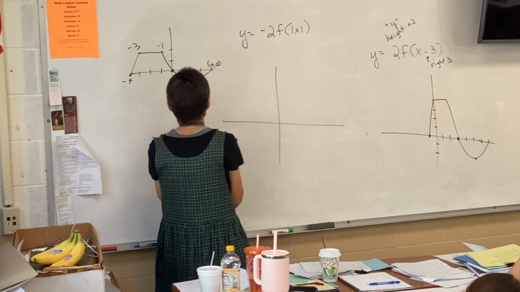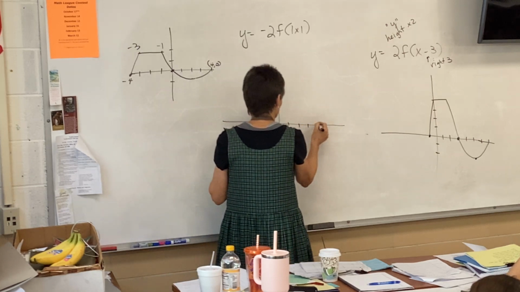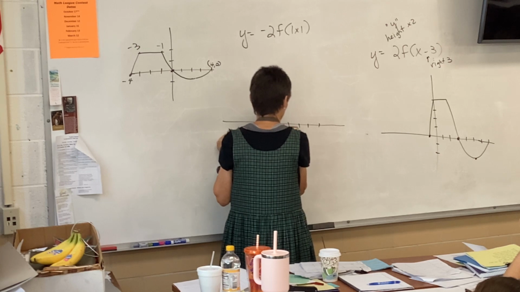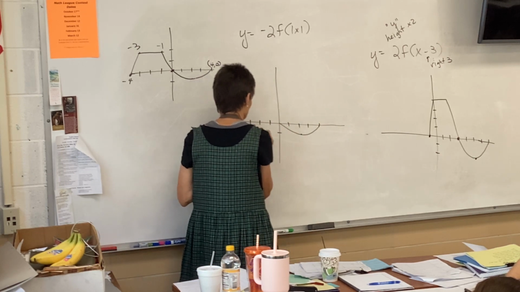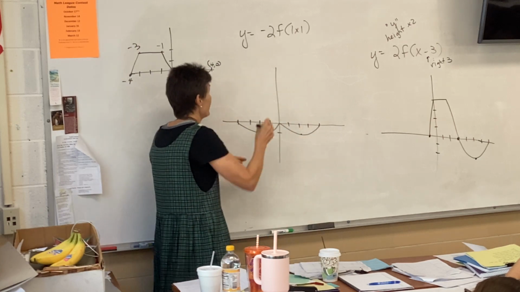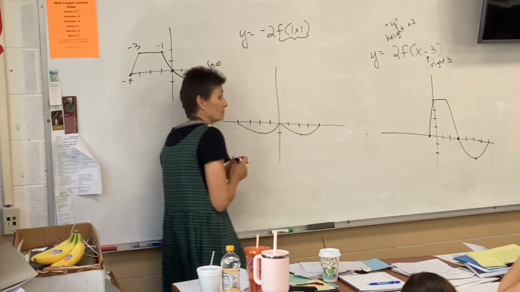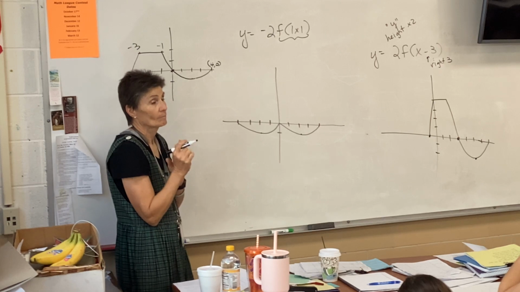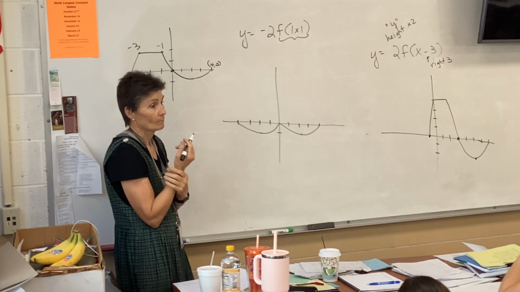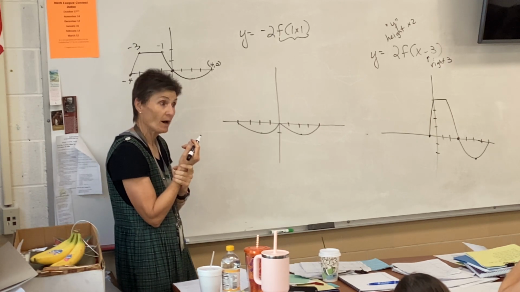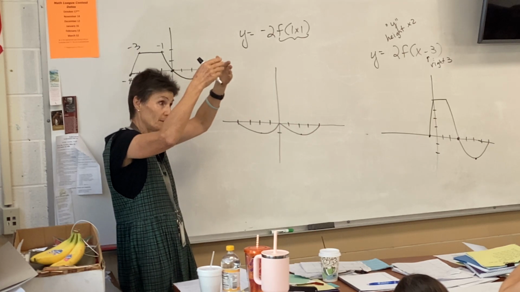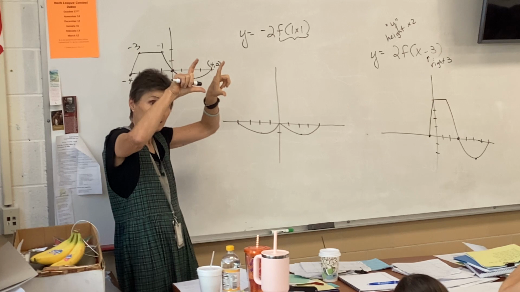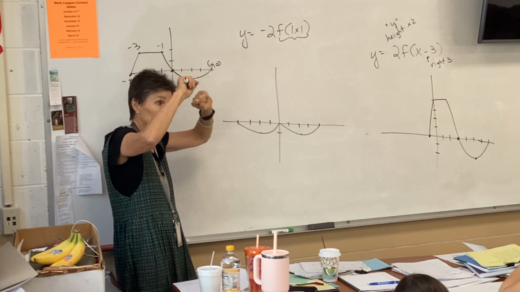So I'm gonna do that first. My right side looks like this. And then I'm gonna just repeat it over here on the left side. Now that took care of this right here. That was -2 with the height. Yep. So that means it's gonna flip it all up and it's going to be twice as tall.